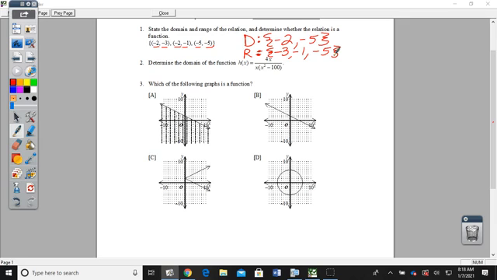And is that a function? Well, the easy way to tell: do any of the x's repeat? If they do, it's not a function. If they don't, it is a function. So this one is not a function. And just so everybody's clear what a function is, every x can only go to one and only one y.